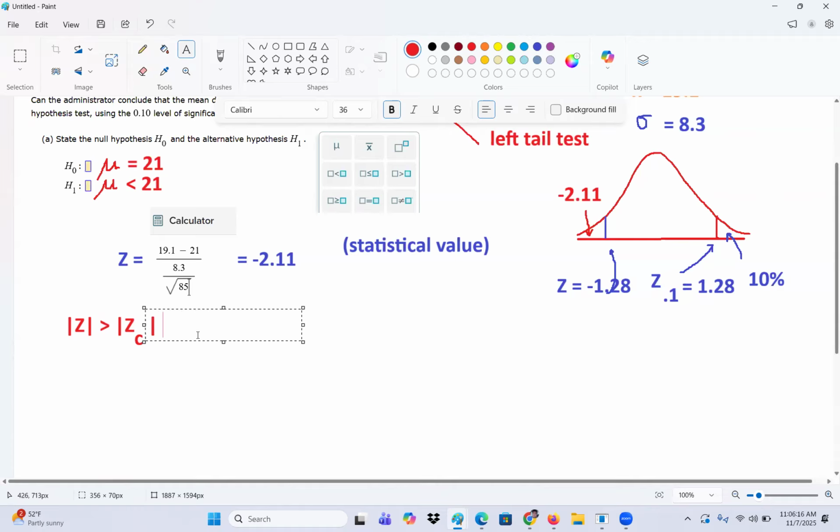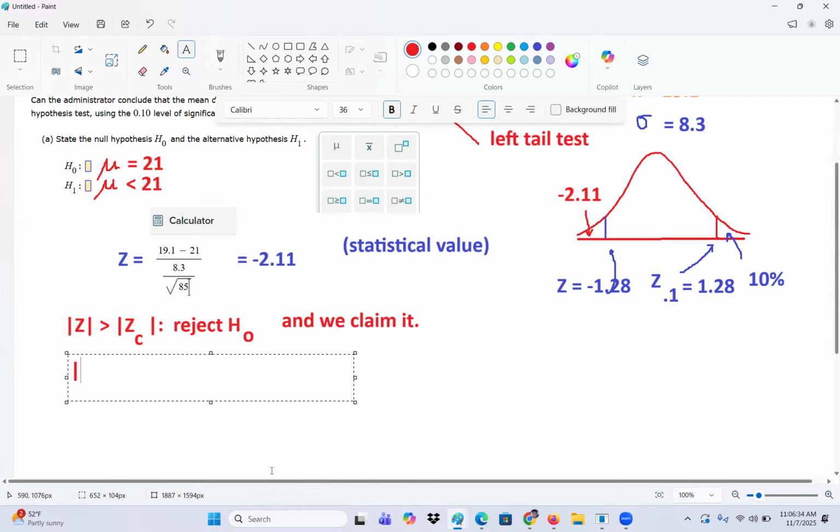If the z is less than the zc, then we have no information.